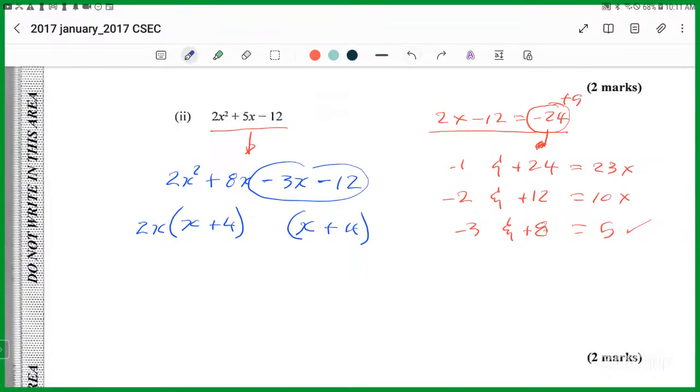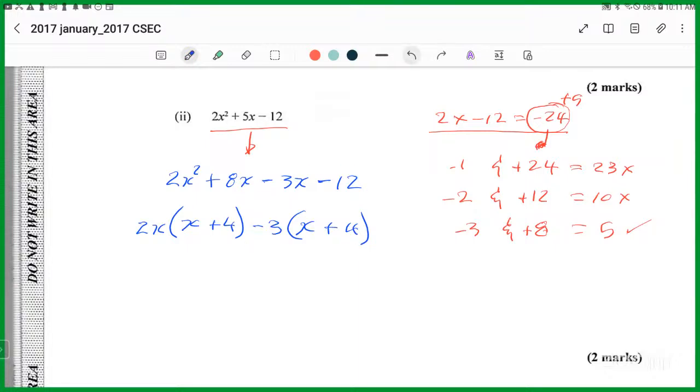So you can divide this minus 3x by this x to know what the factor in between here is, a negative 3. Or you can divide this negative 12 by this positive 4 to know that in between here is a negative 3. So any way you want to look at it, this is negative 3 inside here. Because if you expand the negative 3 back here, you're getting back these two terms.